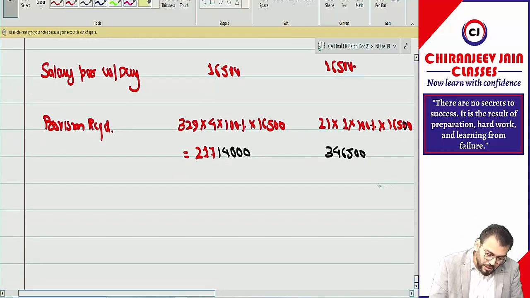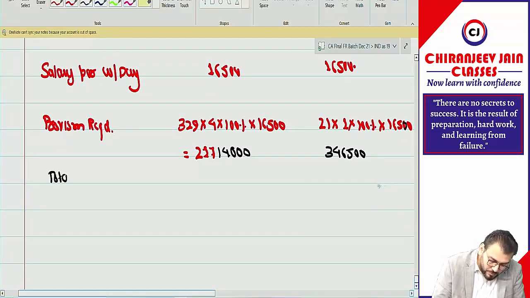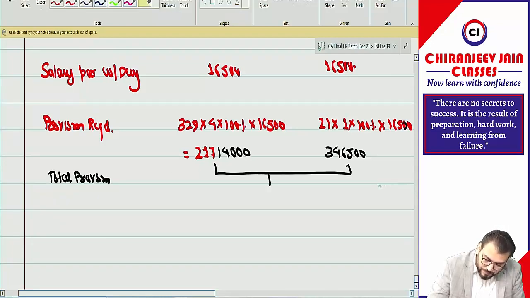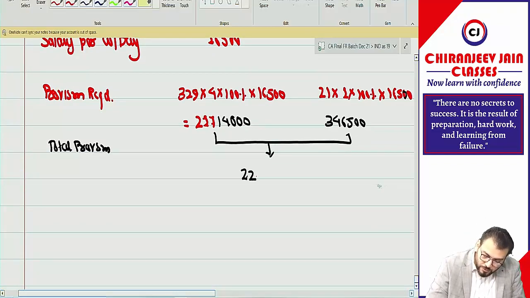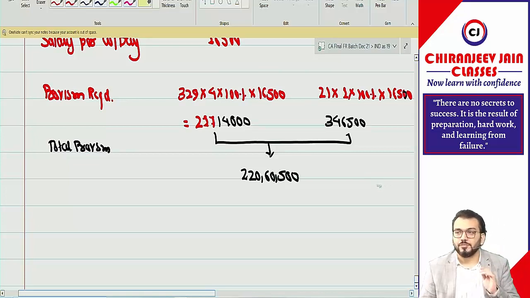What is the total provision? Total provision required, this plus this, how much? 2 crore 20 lakh 60,500. Understood?